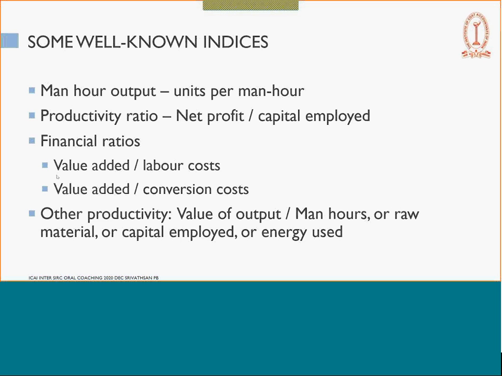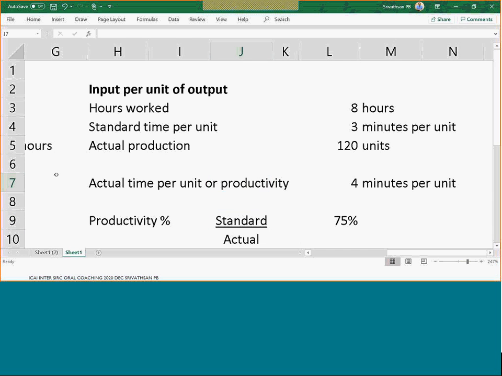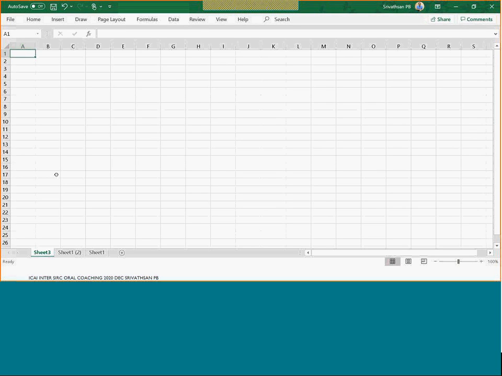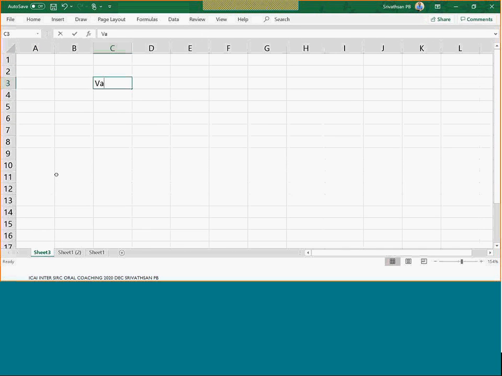So this is my value added. Let's say 12,000. My value 7,000.